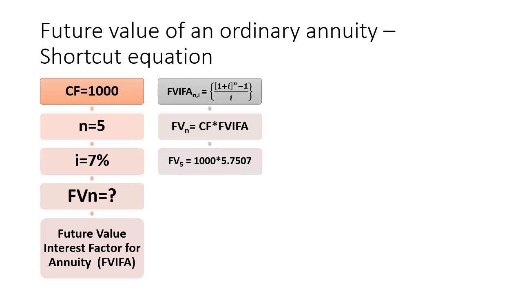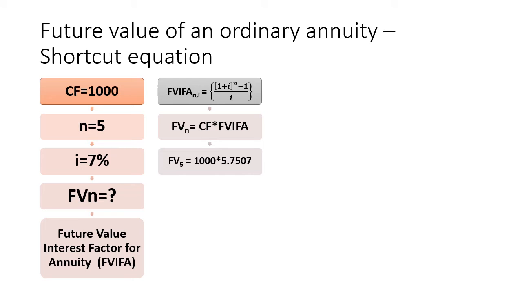We can interpret this factor: if Ahmed deposits just one Egyptian pound at the end of each period, it will accumulate at the end of year 5 to 5.75 Egyptian pounds. But Ahmed doesn't deposit 1 Egyptian pound.